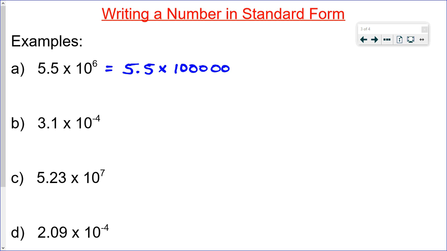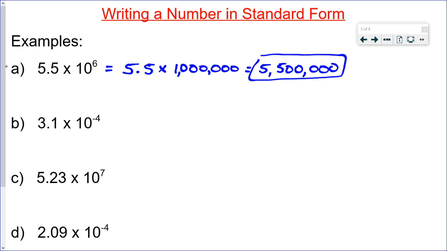So that's 5.5 times 1 million. So that would be 5,500,000. That's the answer in standard form. So this number is supposed to be a shorter way of writing this number.